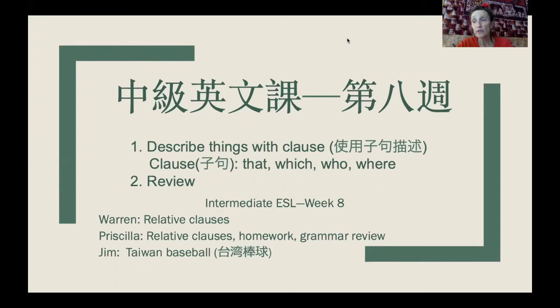But I'm going to give a few new examples. 我会举不同的例子. And I'm going to talk about how these same words, they are called relative pronouns, that you use to make clauses.